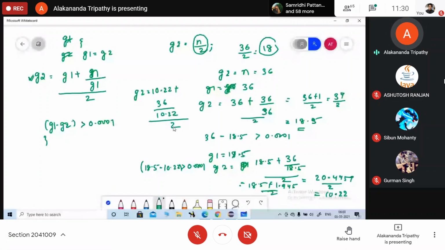So you are coming nearer to the value 6 के पास आ रहे हो ना? देखो, पहले कहाँ पर थे? G2 36, the next 18.5. अब कहाँ पर आ गए हो? 10.22. Now divide it.